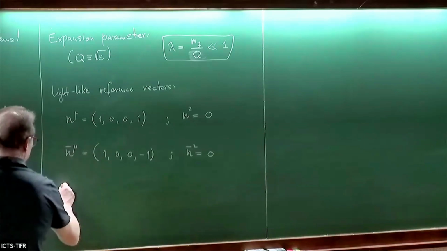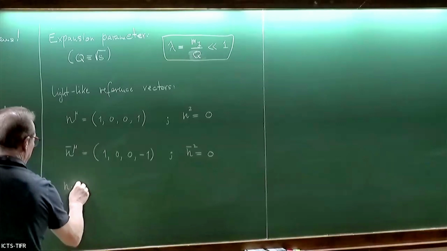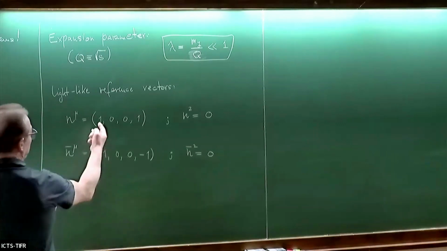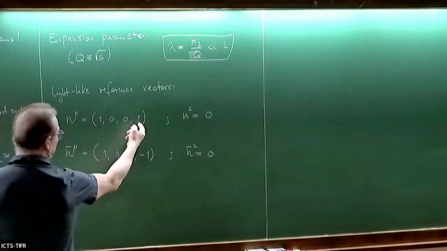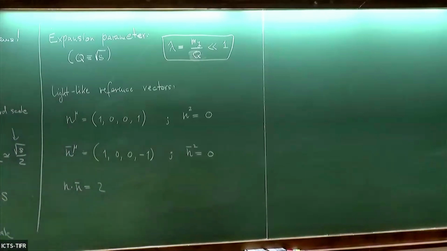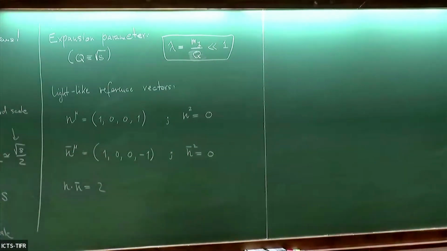Notice there is a normalization condition here that n times n bar is not 0. It's also not 1. It's 1 times 1 plus 1 times 1, so it's 2. You could rescale them by root 2, and then they would multiply to 1. Also in some papers you see that people do this.